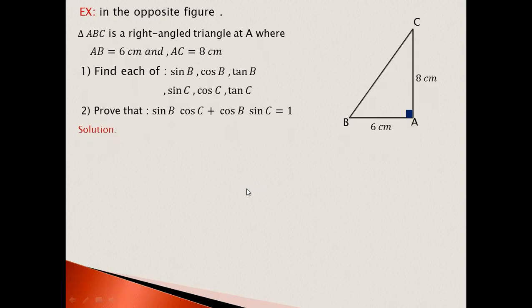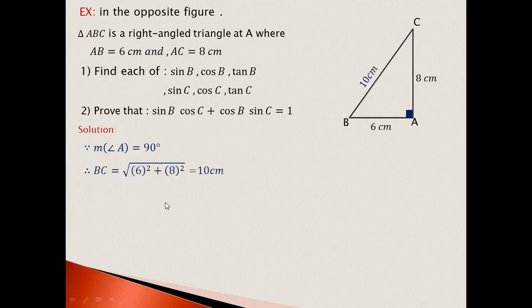What should I do? At first, we need to find the missing side in the right angle triangle, BC, which represents the hypotenuse. By using the Pythagoras theorem, we can find BC. Since the measure of angle A equals 90 degrees, this triangle is a right angle triangle.